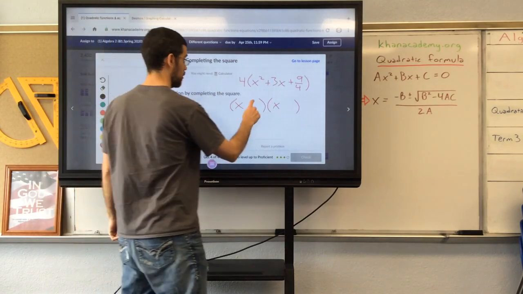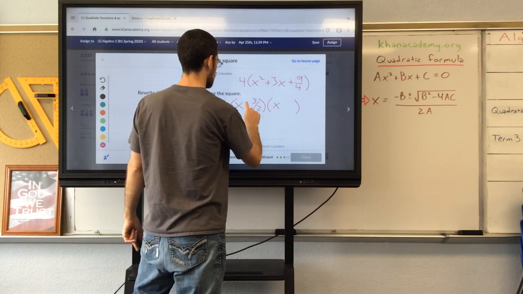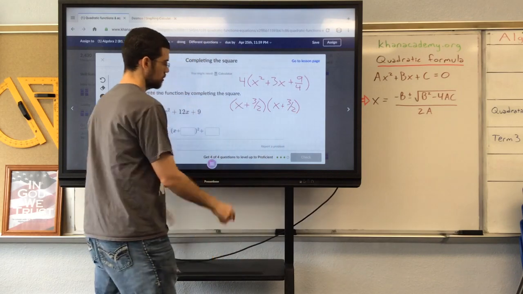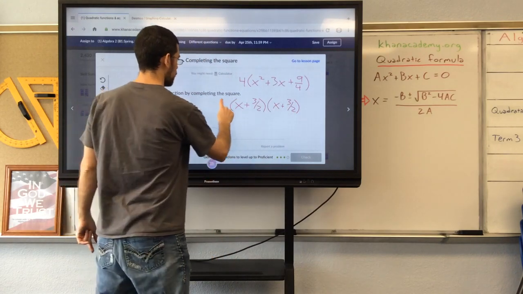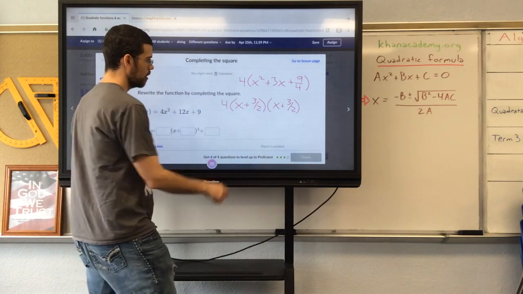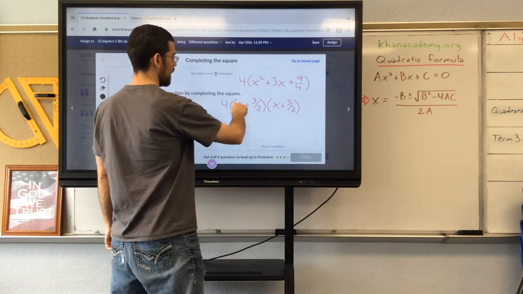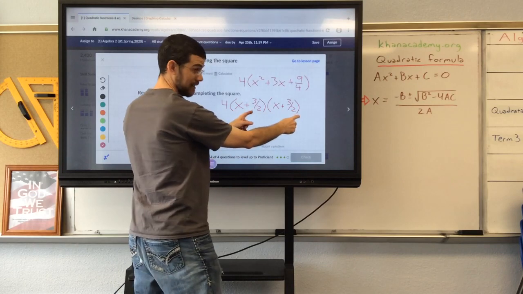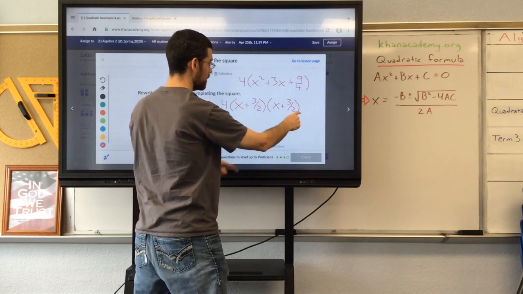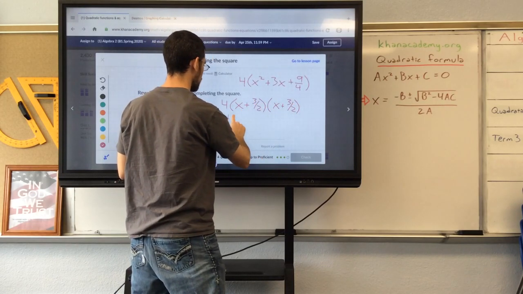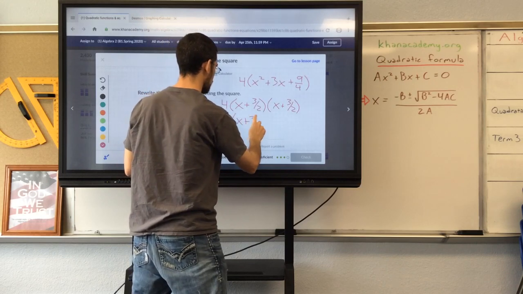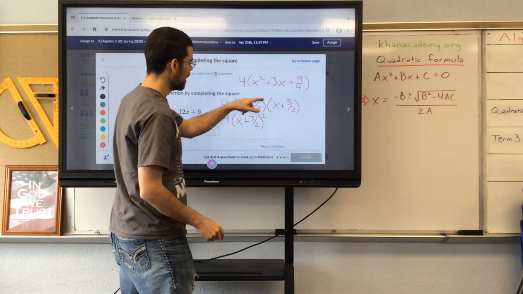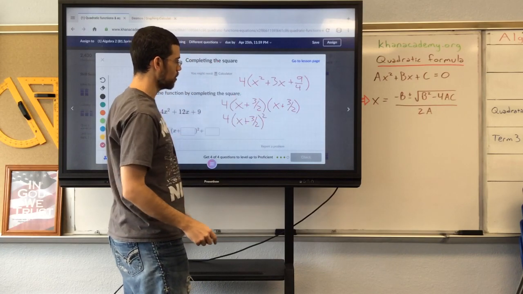So that'll be 3/2. So this, if we multiply by 4, this will be 4 times x squared plus 3x, but we're also adding 3/2 times 3/2, so this term has added 9/4.